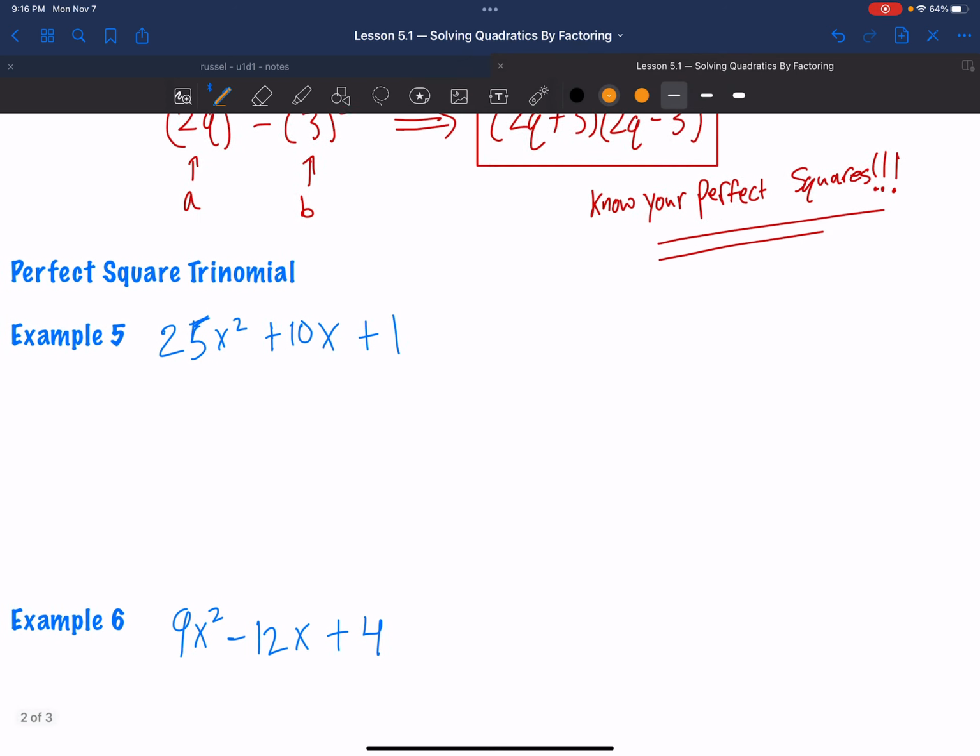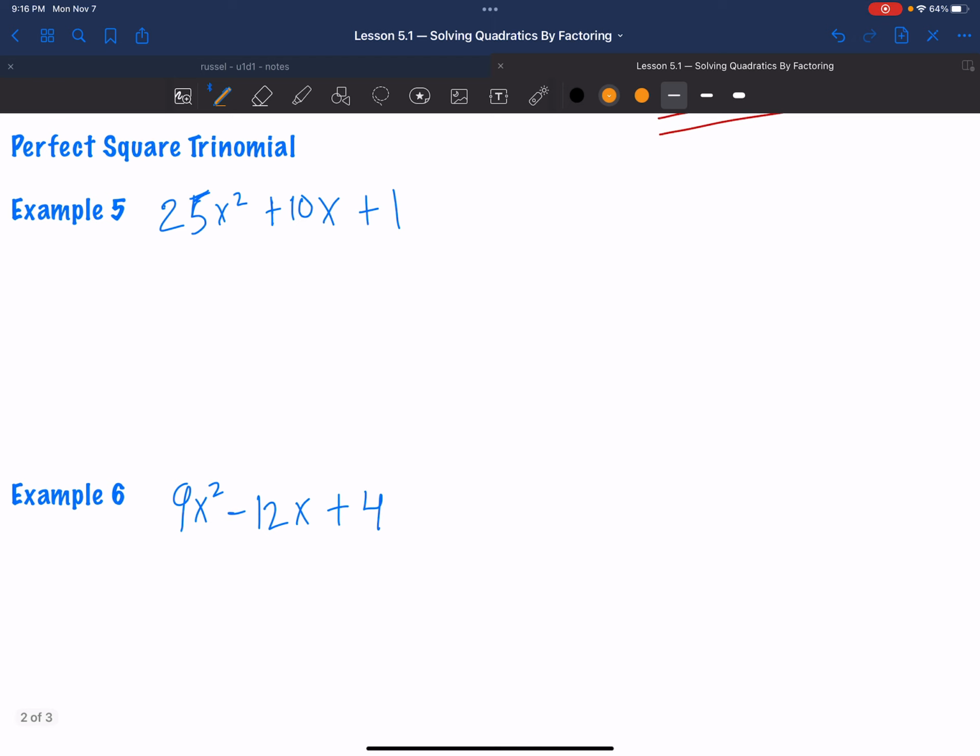Now, let's talk about perfect square trinomial. Now, this is new, at least it's new if you've never seen it prior to my class, okay? So a perfect square trinomial is if I take a plus b and I square that, then that is a plus b times a plus b.